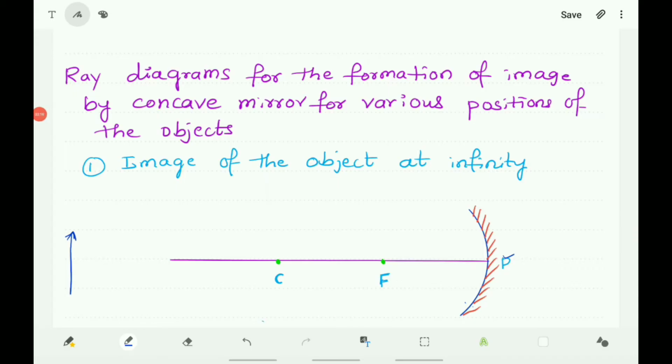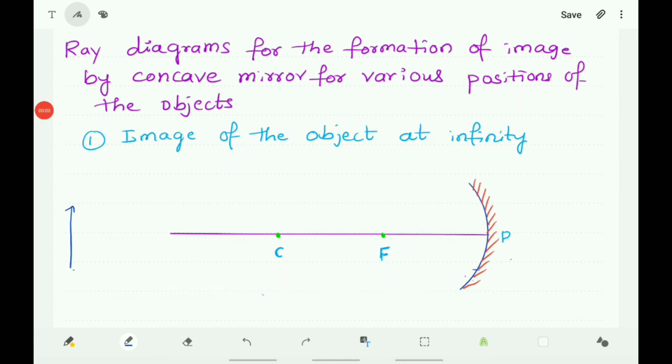Now, let us draw the ray diagrams for the formation of image by a concave mirror for various positions of the object. Image of the object at infinity. When the object lies at infinity, the rays from the distant object fall on the concave mirror as a parallel beam.